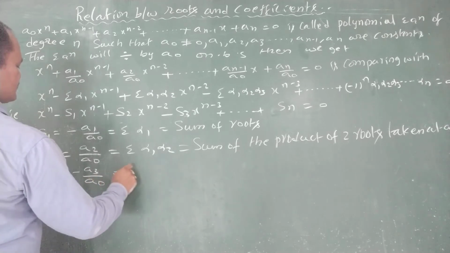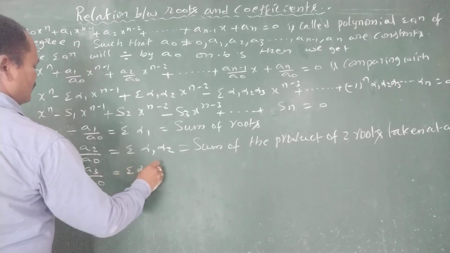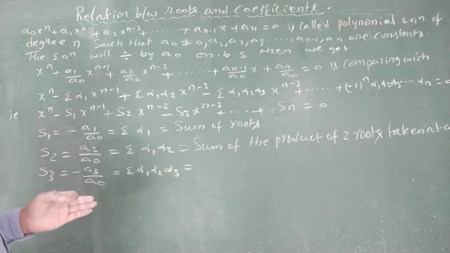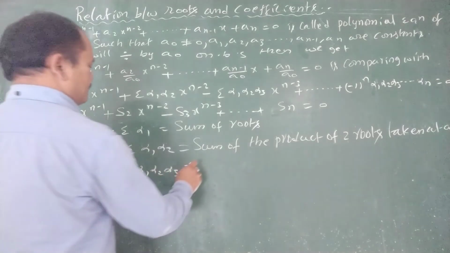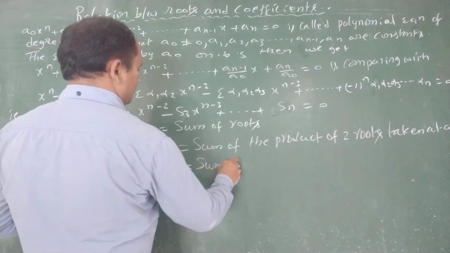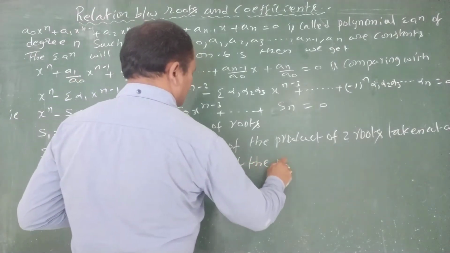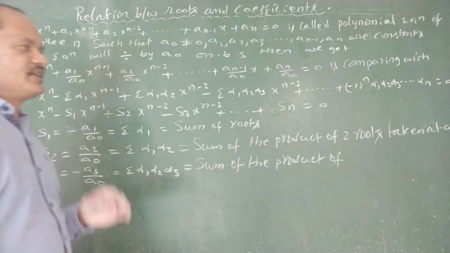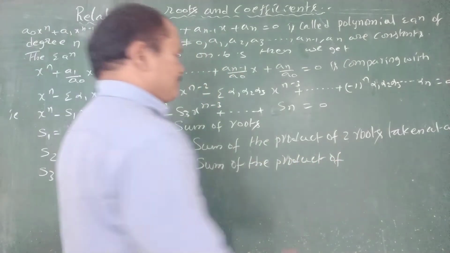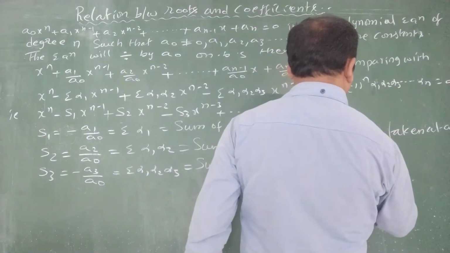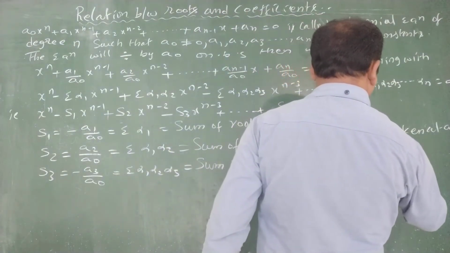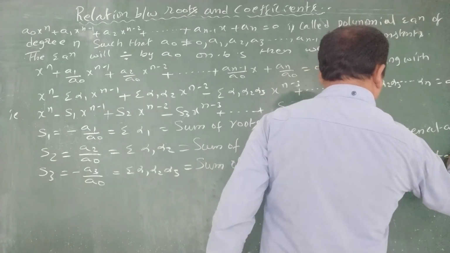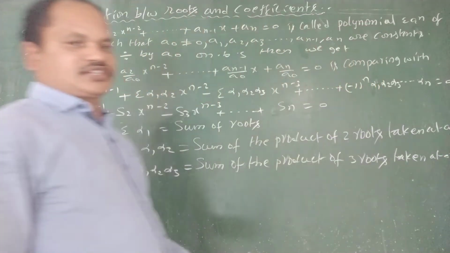That is sigma alpha 1 alpha 2 alpha 3, which is the sum of the product of three roots taken at a time.